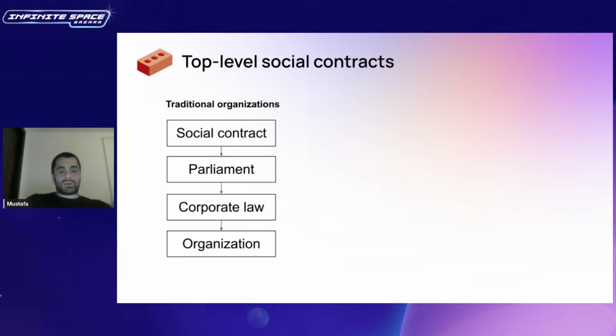You have corporate law, and an organization is incorporated under a corporate law. For example, you might have company law in the UK or in the US. But who decides what that law is? You might have a parliament in the UK, for example, or Congress in the US, or some kind of governmental body or democracy that creates or agrees on what these laws should be.